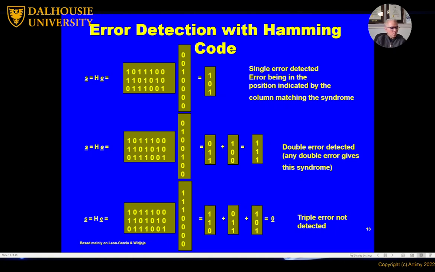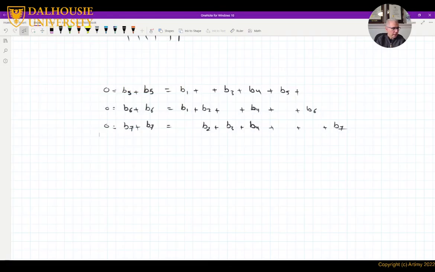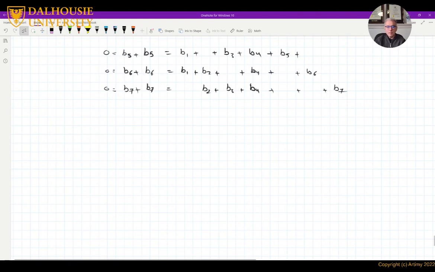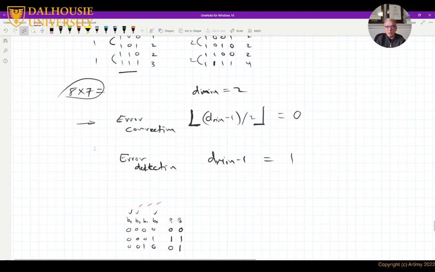Right? So here is back to what I said before, when I asked you to correct your slides. So the example that we have has a d minimum of 3. The error correction capability is 3 minus 1 divided by 2, and take the floor.